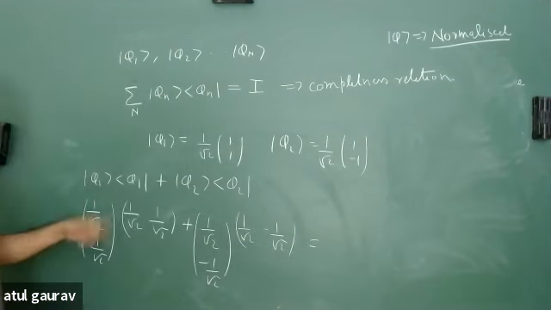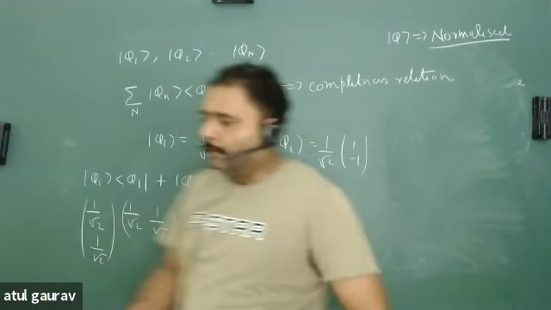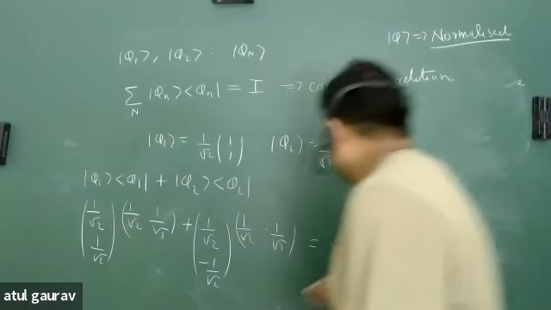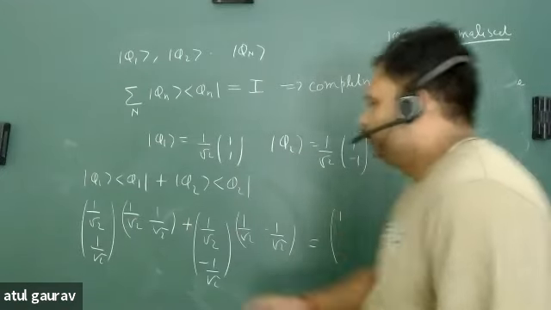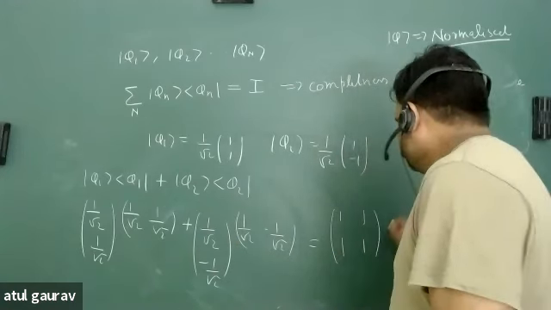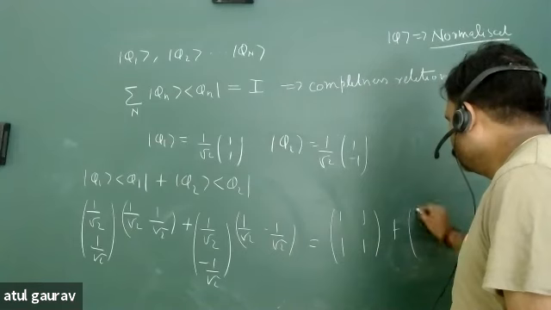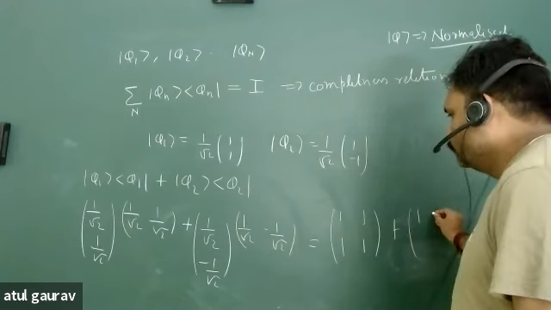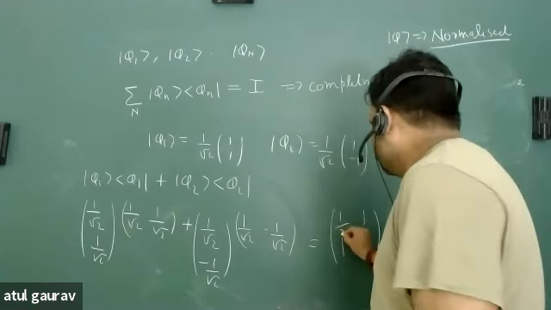So let's try to figure out what the value will be. 1 by root 2 into 1 by root 2, I will get half.